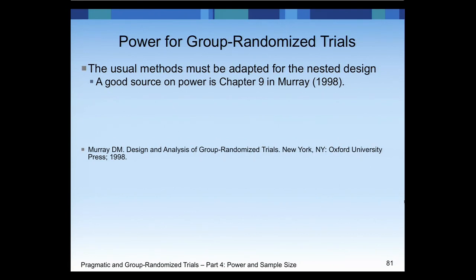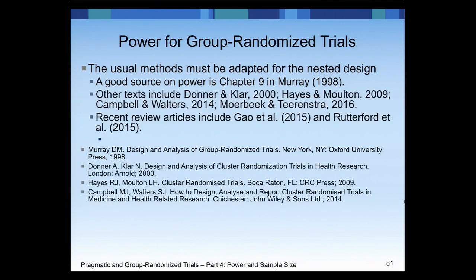One source of information is Chapter 9 in my book, published in 1998. We have other texts, though, that have been published subsequently, including the book by Alan Donner and Neil Klar, books by Hayes and Moulton, Campbell and Walters, and a very recent book that's just been out a short time by Moerbeek and Teerenstra that focuses on power for multi-level analyses.